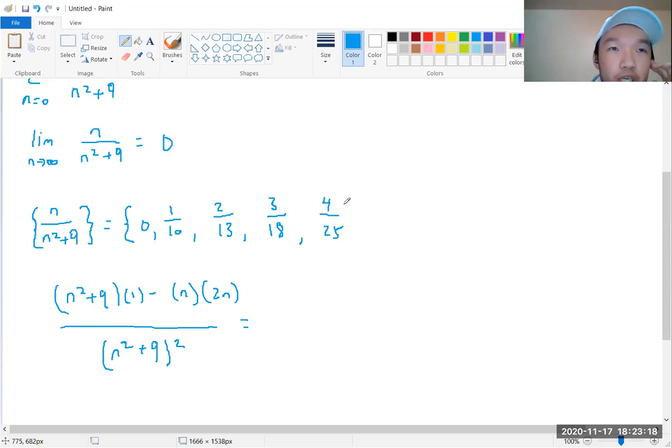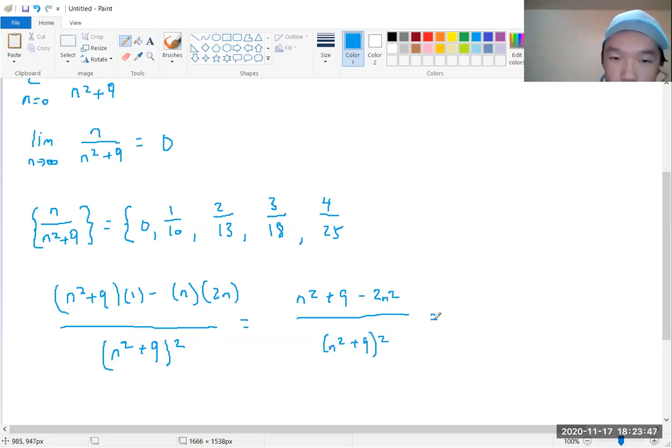Let's see if we can show that it eventually has a negative derivative. So we should probably simplify this. So this is n squared plus 9 minus 2n squared over n squared plus 9 squared.